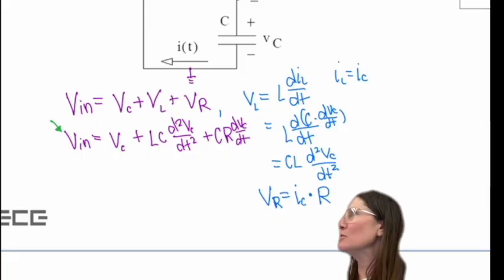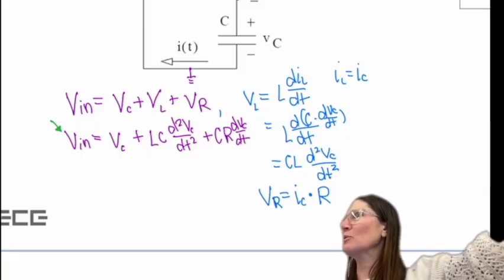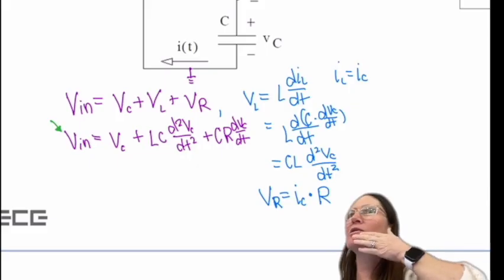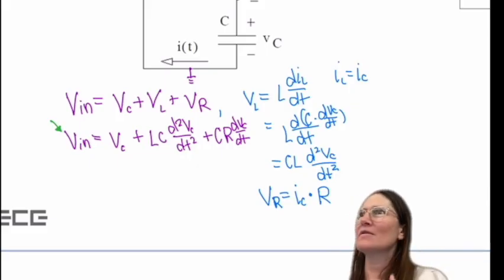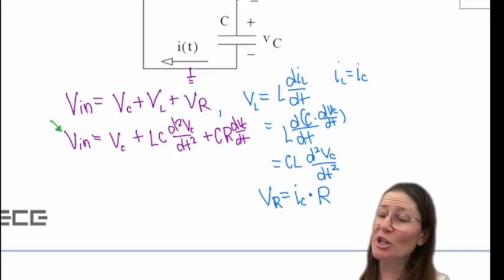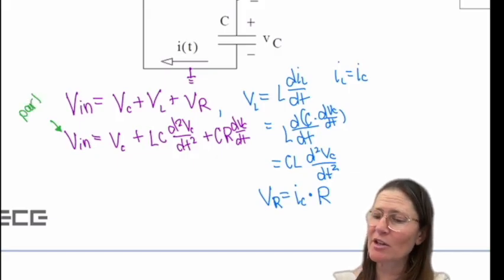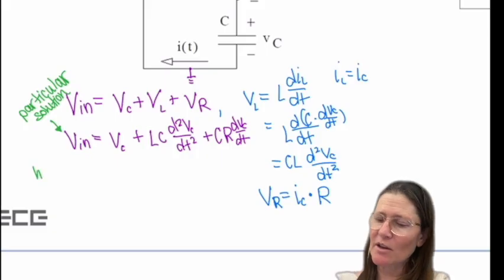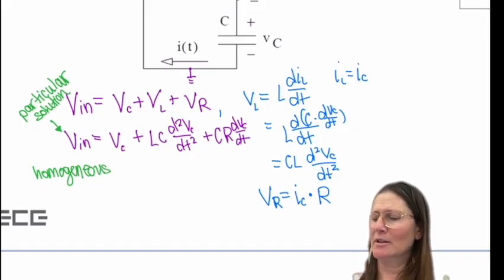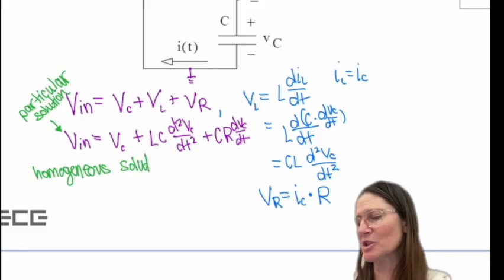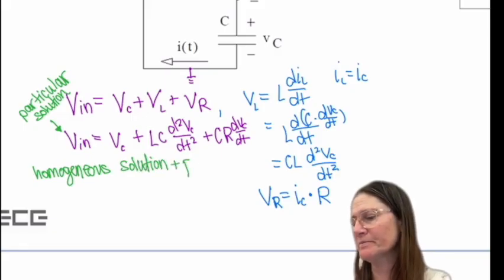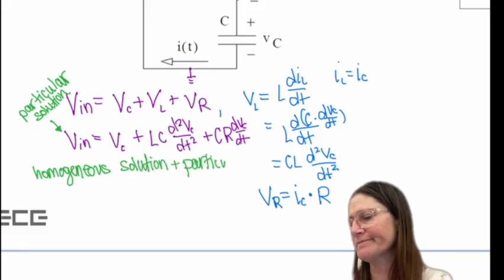If it's not equal to zero for a second order differential equation, what does that mean? It's a particular solution. So having a value here is just a particular solution. And if you remember, you take the homogeneous solution plus the particular solution for your total solution.